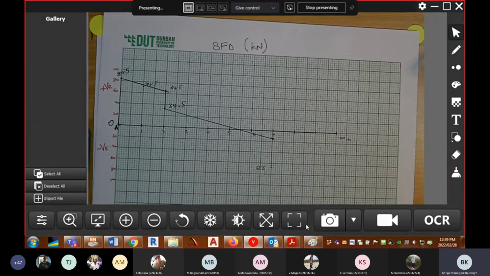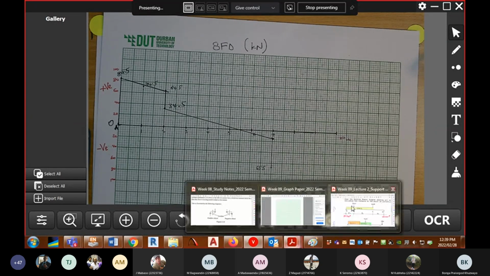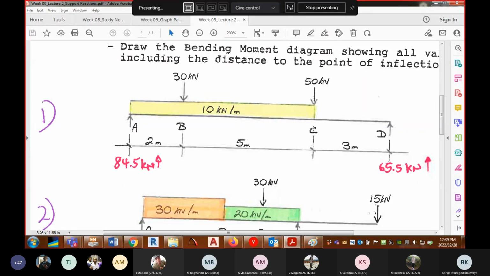And then, okay, if you go to node D left, you will realize that you're still dealing with the same forces. Inside inverted commas, the algebraic sum of the forces to the left.